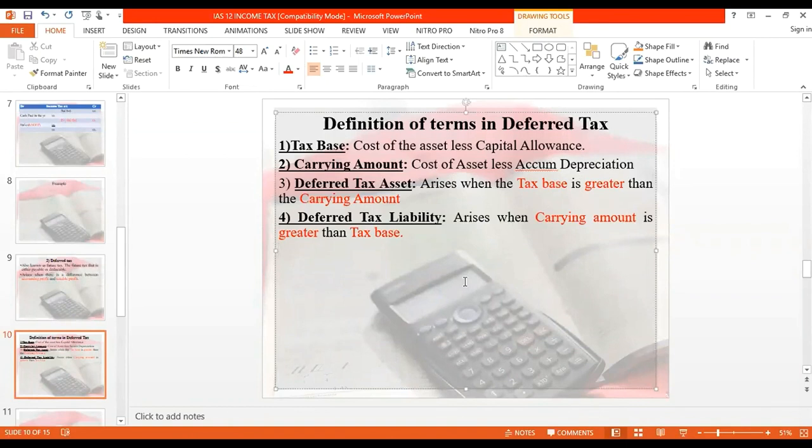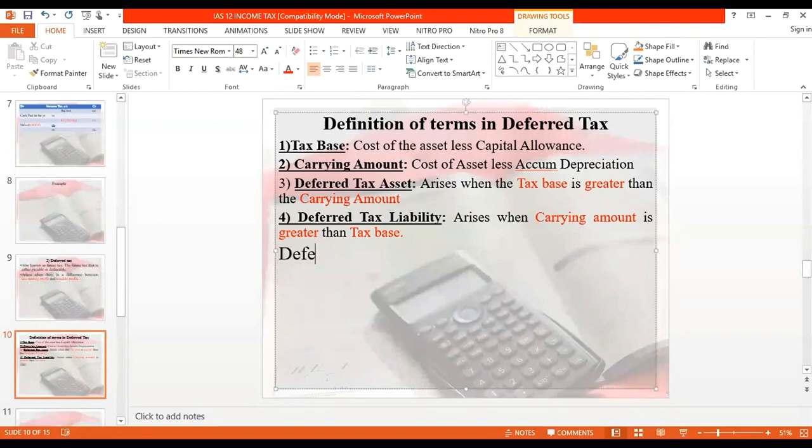Okay. Now, what causes deferred tax? What gives rise to deferred tax? So that is after definition. What causes this calculation of deferred tax?